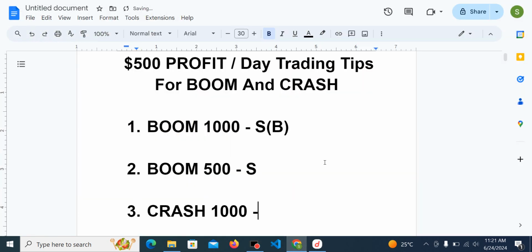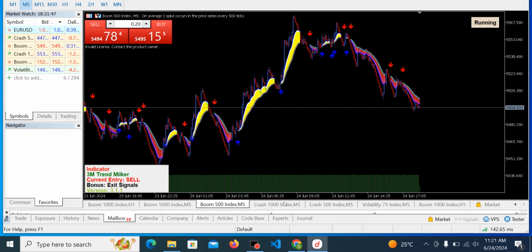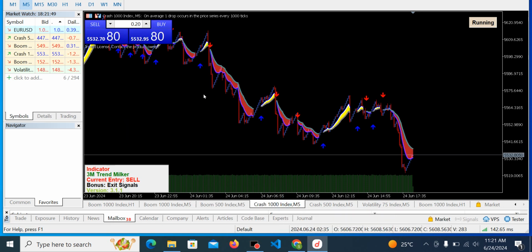The next asset is going to be Crash 1000. Let's check it out right away. Okay guys, this is Crash 1000. It started a downtrend right from the resistance zone, and it kept on selling even though there are major pullbacks in between. It played around there for a while before breaking out below it, so it crashed down till it got to this support zone.